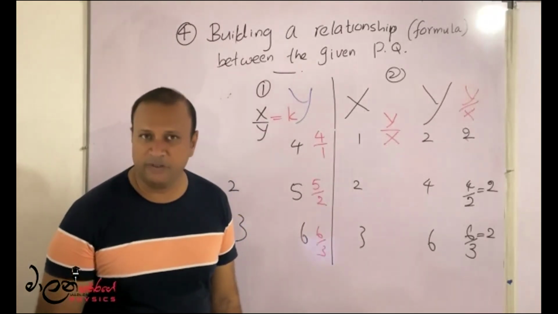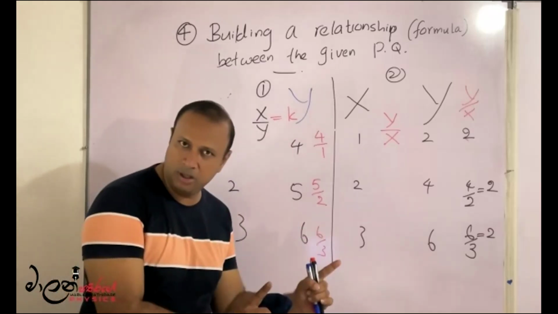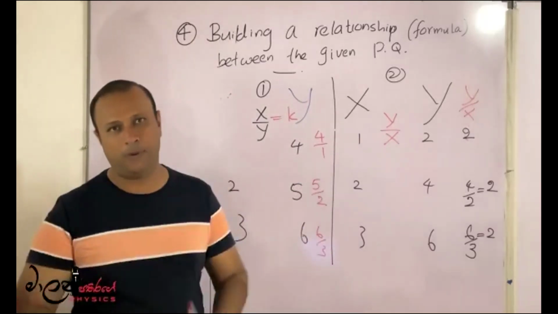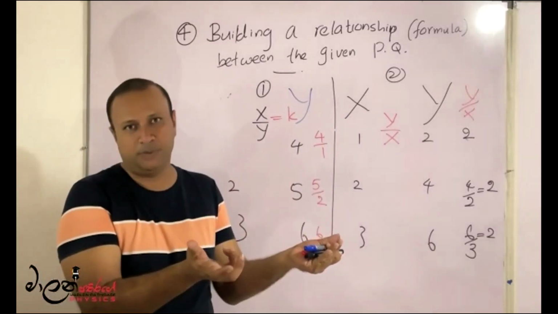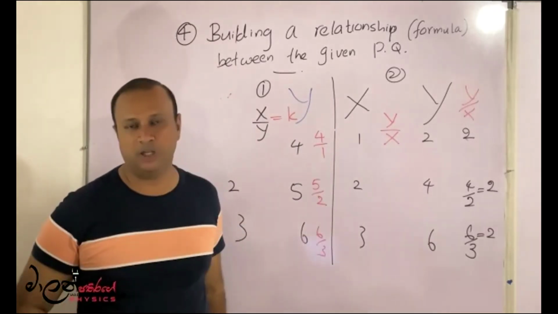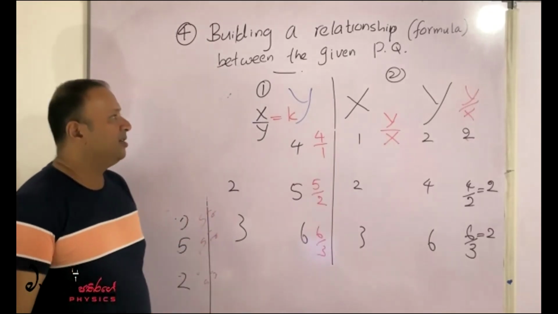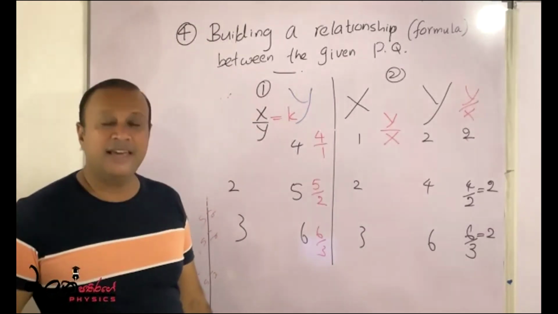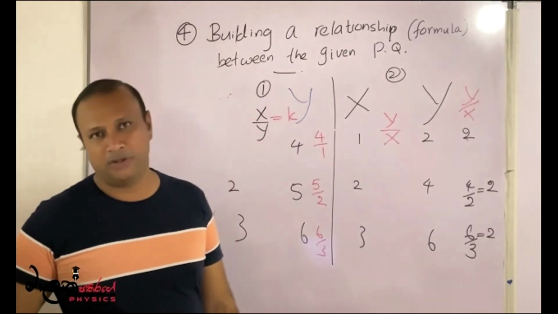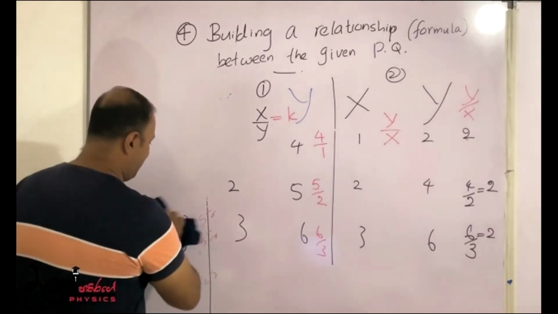There are two kinds of relationships. One is direct proportionality, the other is indirect proportionality. Those are some specific relationships, and so we have to understand both. Write down that thing.